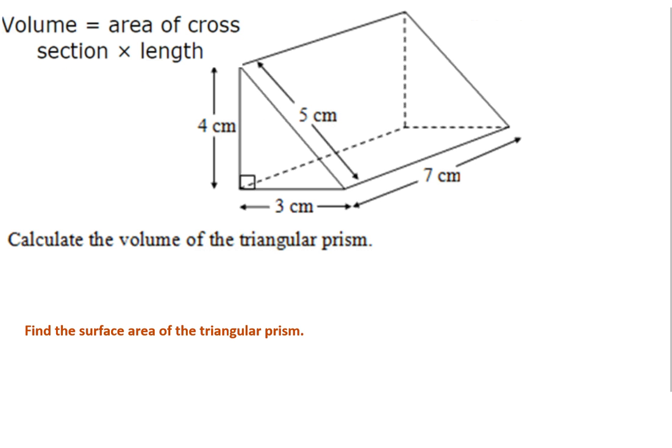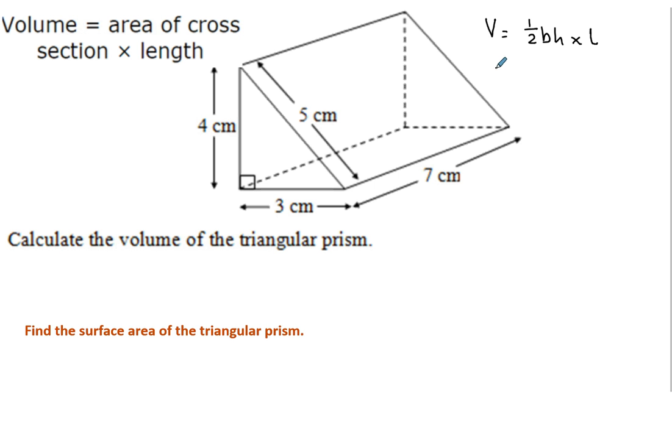Volume equals area of cross-section times length. So your cross-section is this triangle, and you have to find the volume of the triangular prism. That's really easy. So again, what's the area of the triangle? It would be half base times height, and then times the length.